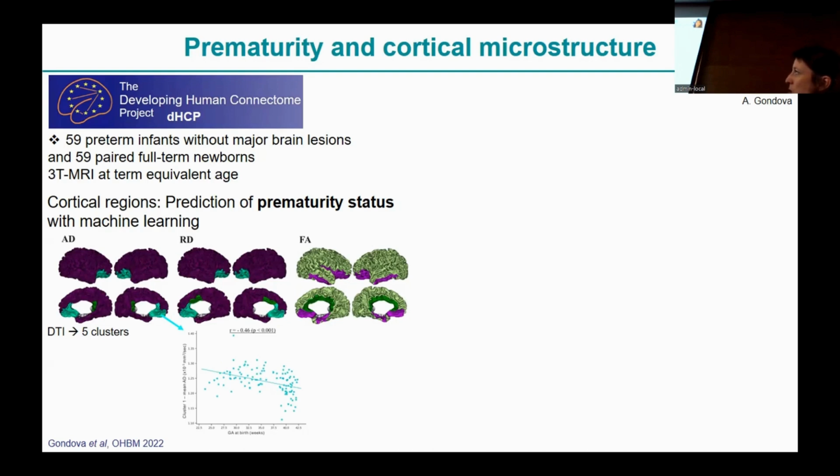She showed with complex machine learning approaches that it's possible to predict the prematurity status based on these different DTI parameters, and by reducing the complexity of all these cortical measures into only 5 clusters of regions, with some of these clusters showing changes in microstructure related to gestational age at birth.